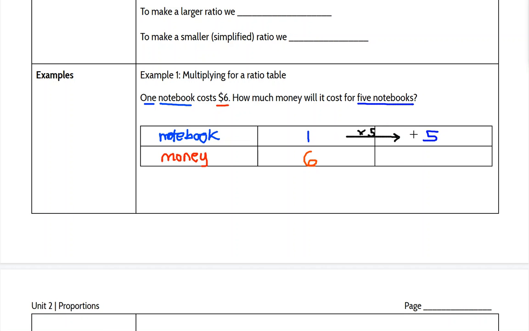Since we did 1 times 5 on the top, we do the same thing to the bottom to create an equivalent ratio. 6 times 5 is 30. So I know that 1 notebook costs $6, 5 notebooks has to cost $30.